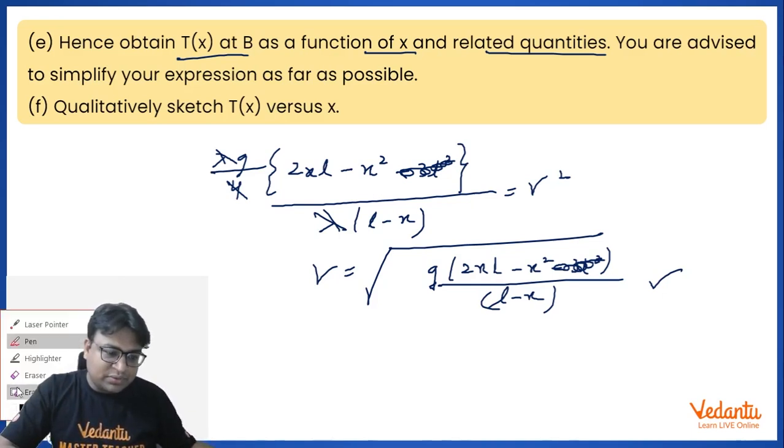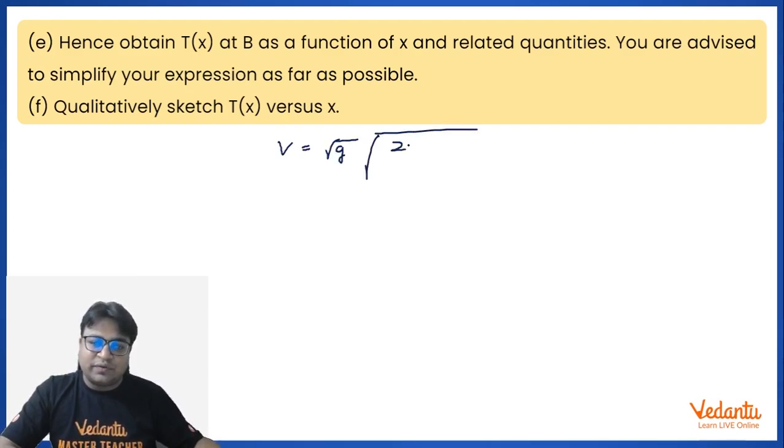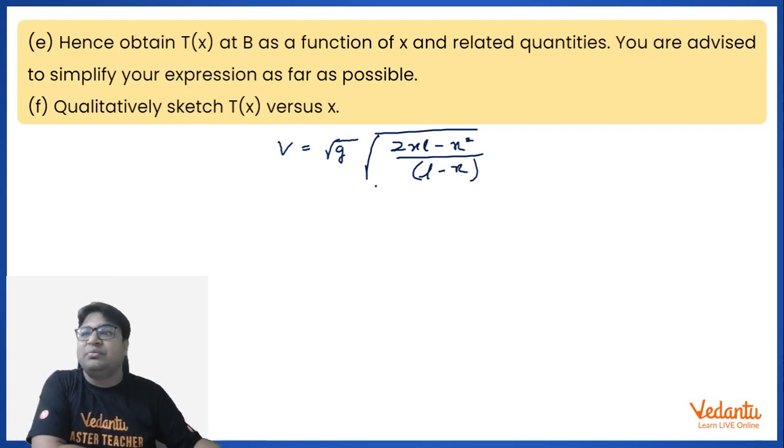What are we going to use here? We have used the energy equation to obtain the value of speed, and the speed was root g into root of (2xL minus x square) by (L minus x). Now we are going to write the expression for momentum again. Remember that in part A, we wrote momentum in terms of v.